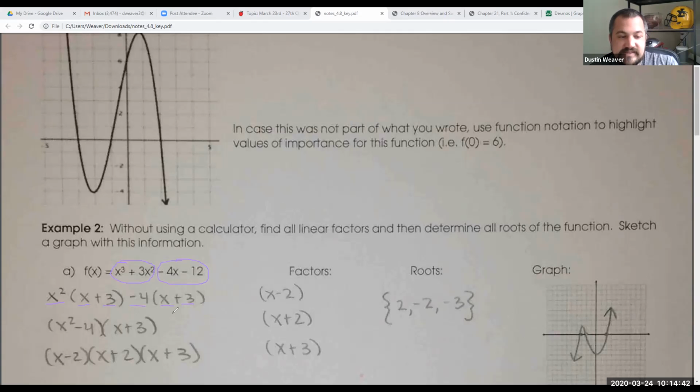The second part of factoring by grouping is you take what's outside of parentheses and you put that together. So that's x squared minus 4. You take what's inside of the parentheses, and you only have to write it 1 time. That's x plus 3. So now we have our 2 factors, or our 2 sets of parentheses.